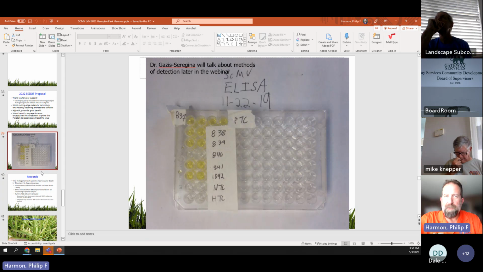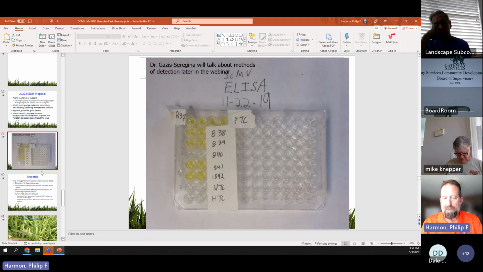The reason for that is that this virus is spread on the mouth parts of the aphid as it feeds. And we know this from corn and sorghum and sugarcane research. It spreads the virus very quickly, even when it lands on a turfgrass plant that has a residual of insecticide.